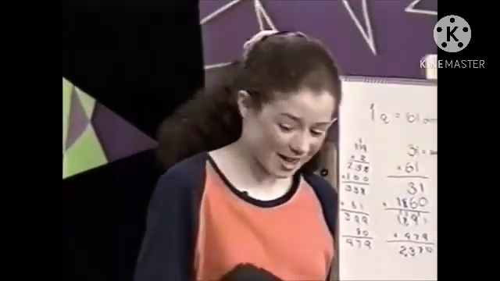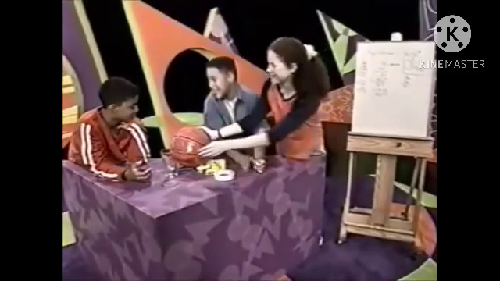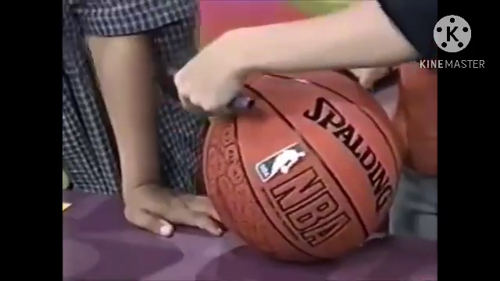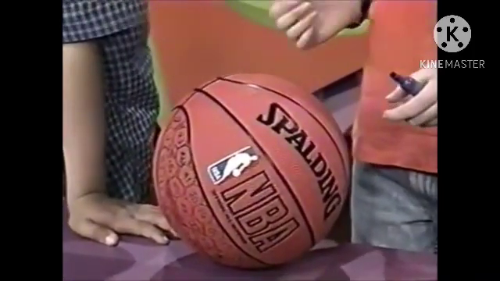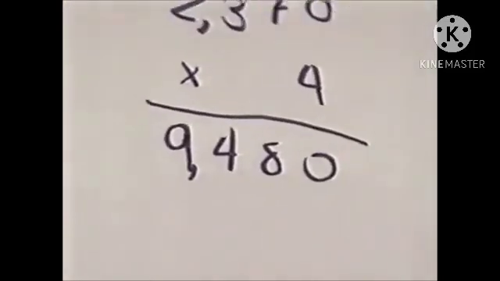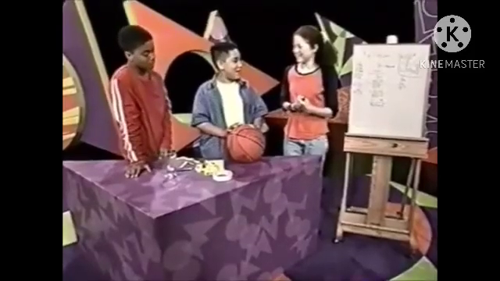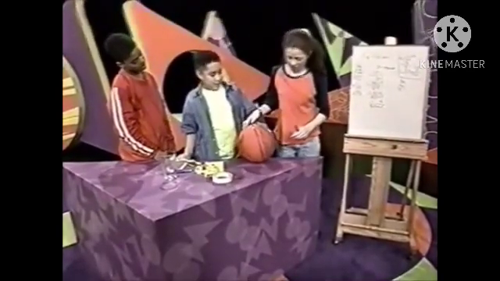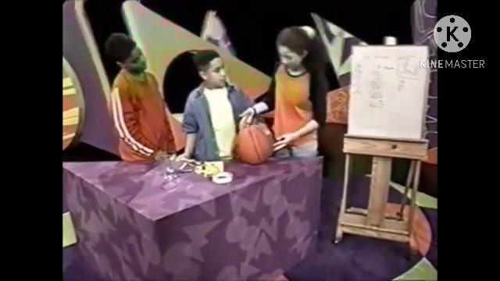If there's 4 segments that look like that, this one, this one, this one, and this one, then we multiply it by 4. So there's 9,480 on half of it. Half. So these sections, do you think they look about the same? Wait a minute. They're the same.